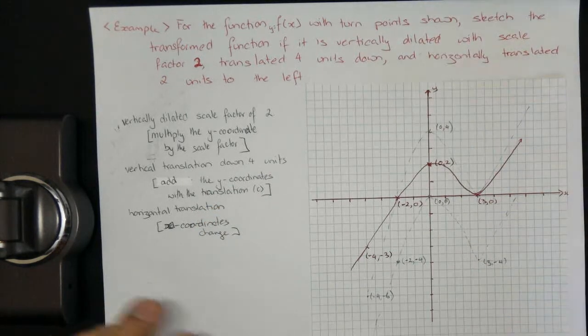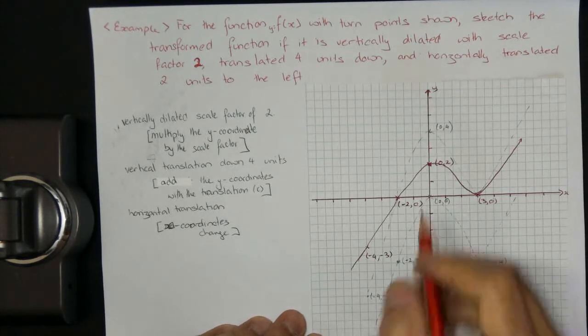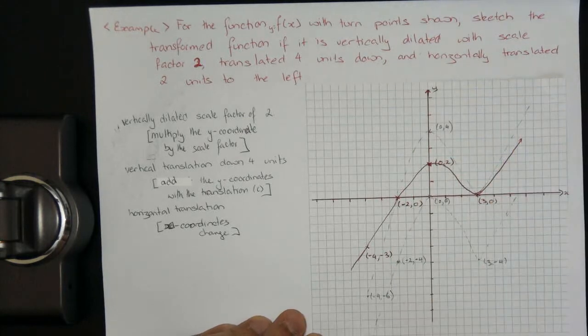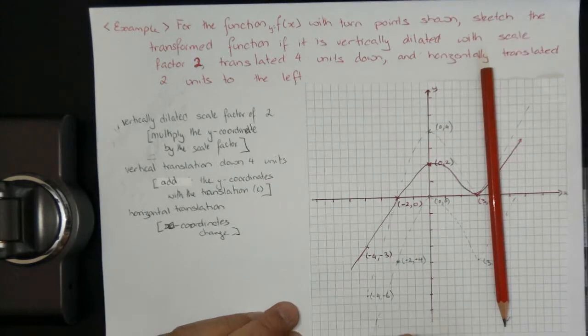Because I'm going to the left, we're going to go 2 units. So this point here is actually going to be negative 4. So these are my final points, so I may as well do it in blue, actually. Negative 6 and negative 10.